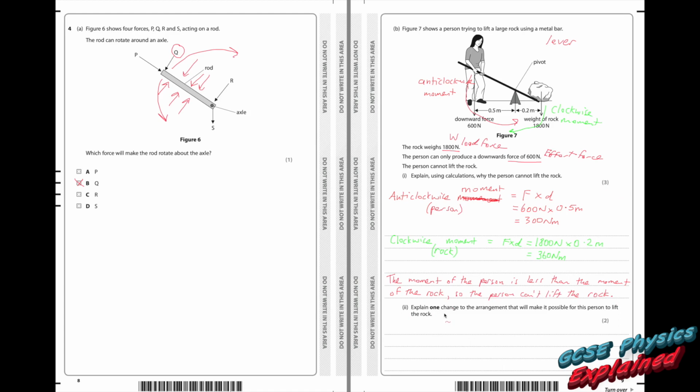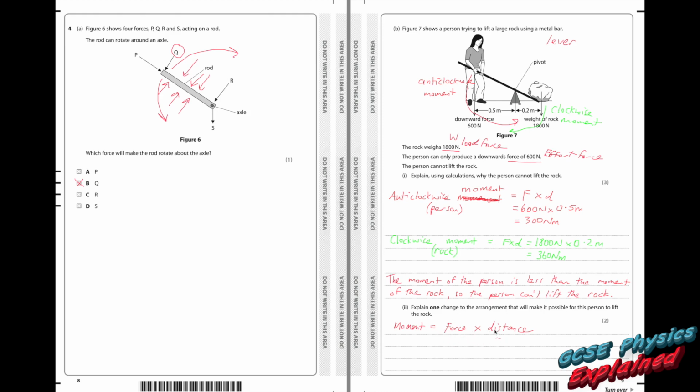Part 2. Explain one change to the arrangement that will make it possible for this person to lift the rock. So we need to base our explanation on the calculation. So, in order to increase the moment of the person, she either needs to increase her force, but it says the person can only produce a downward force of 600 newtons, so that's not going to work.